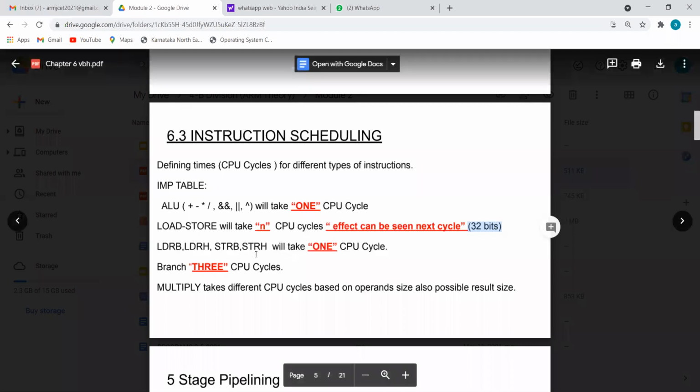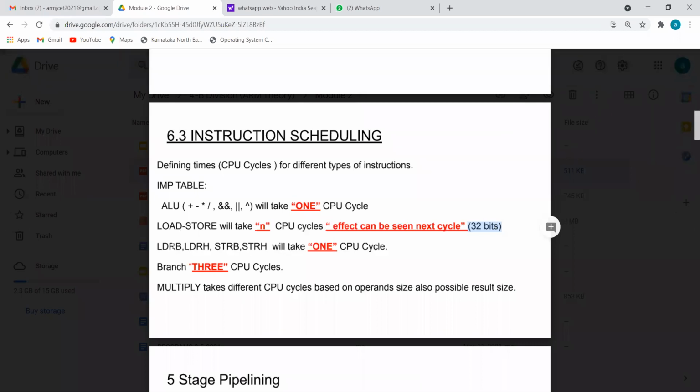Also we have one more set of load and store: load register with a byte, load register with a half, store register from the byte, store register of half will take 1.